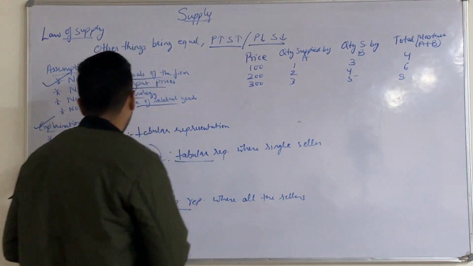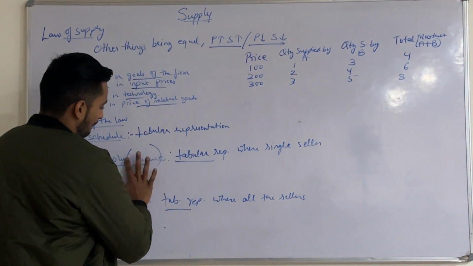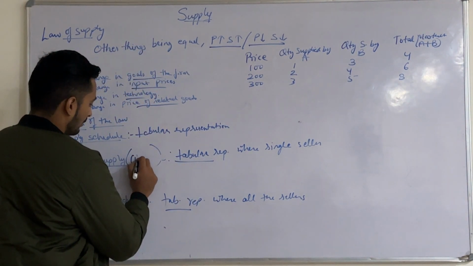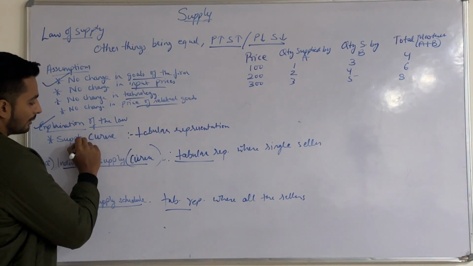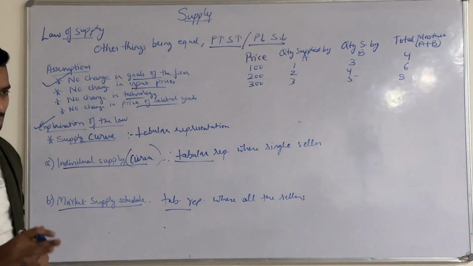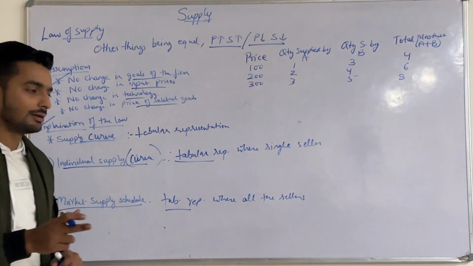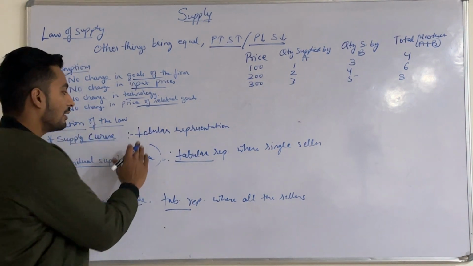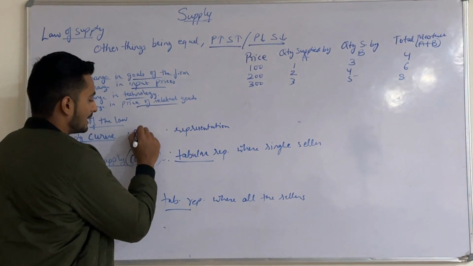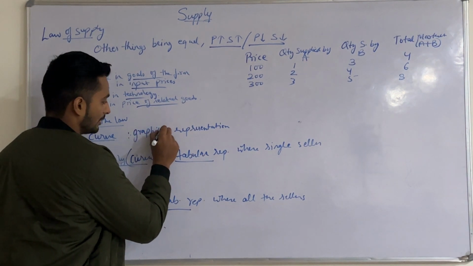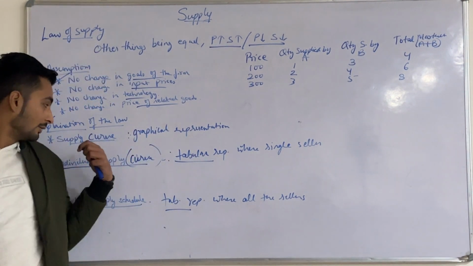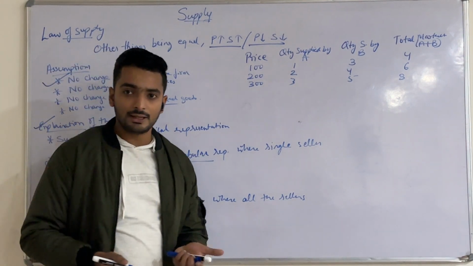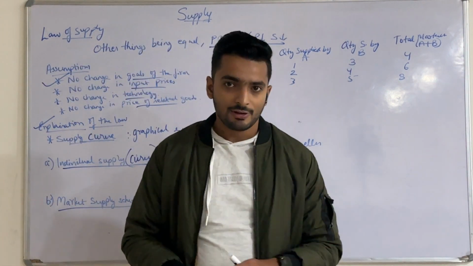Then you have the individual supply curve. After the schedule, you will explain the curve. What is in the supply curve? The supply curve is not tabular, but a graphical representation, because in the curve you are going to make a graph.